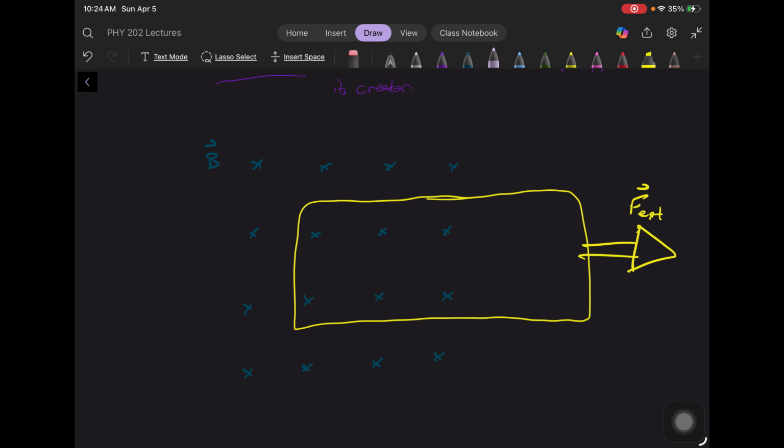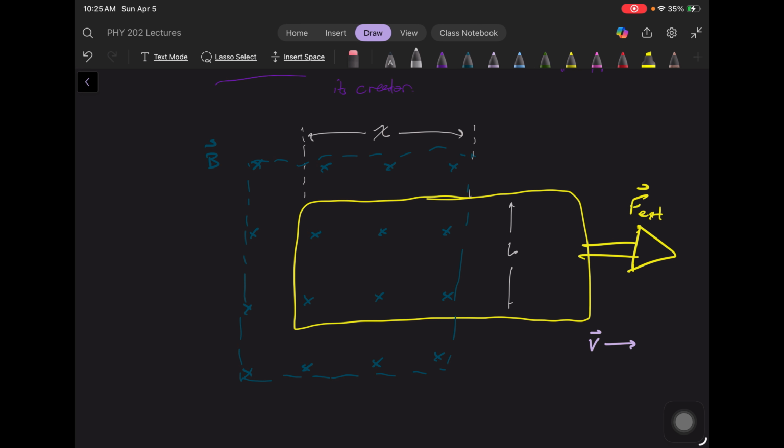And so we could say we have some velocity going this way. We can go ahead and say this loop has some length, some width also. Right. Our external magnetic field is confined, such that we can use the variable x.